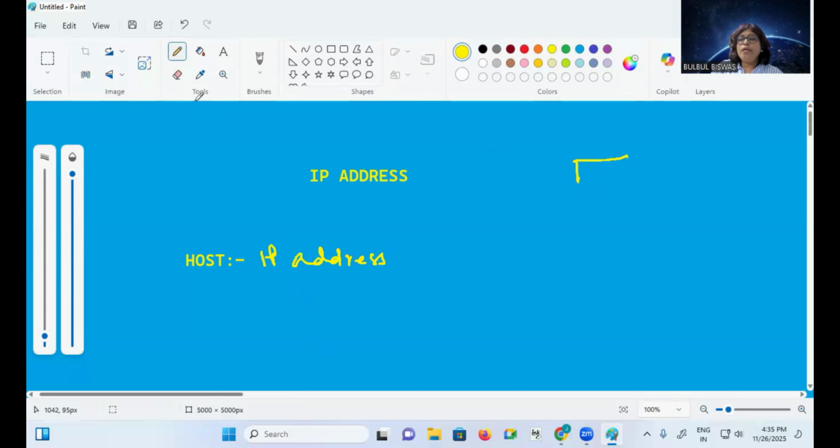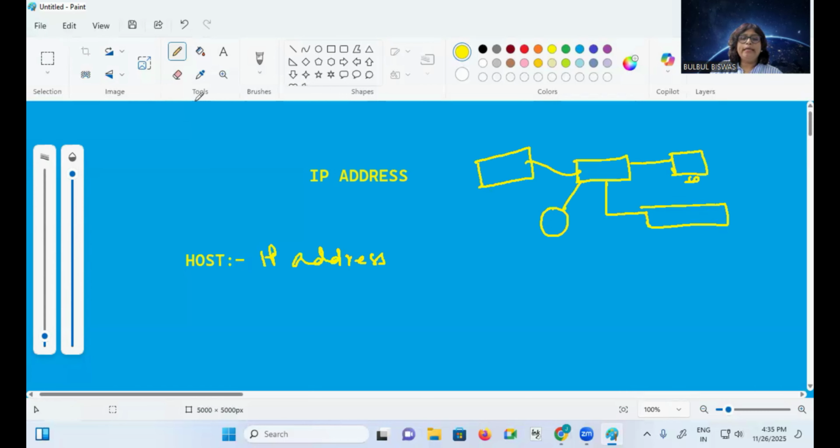Whenever we are configuring any type of network with multiple devices, the devices are called hosts. This may be a manageable switch, this may be a router, this is also maybe a switch, this maybe a printer, this maybe a PC.